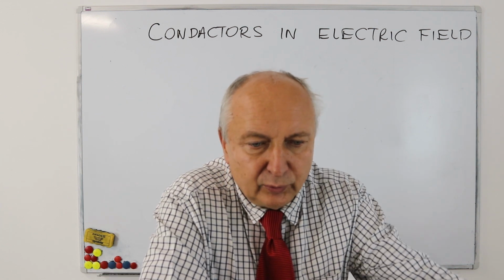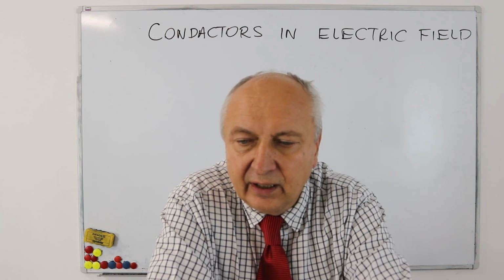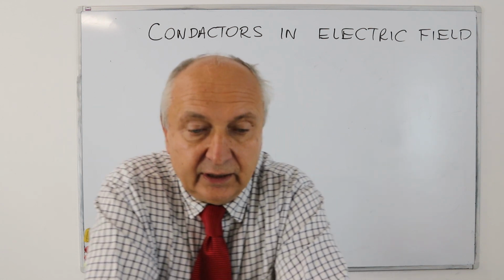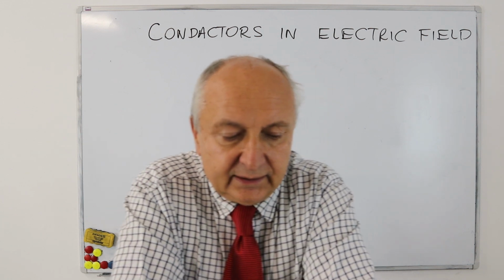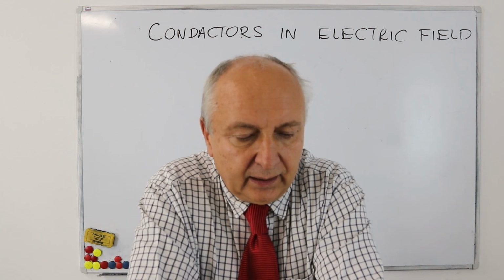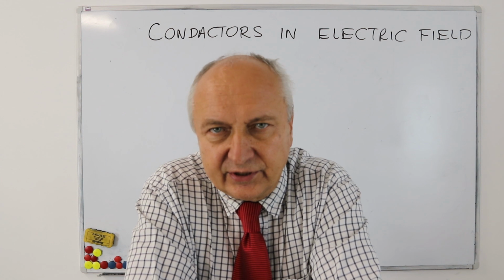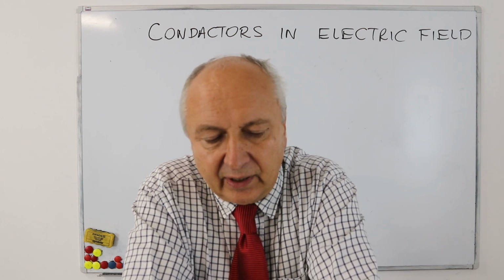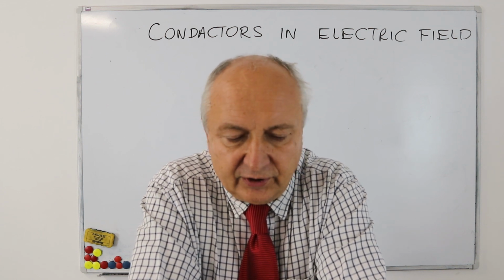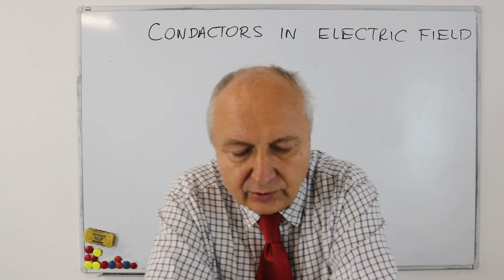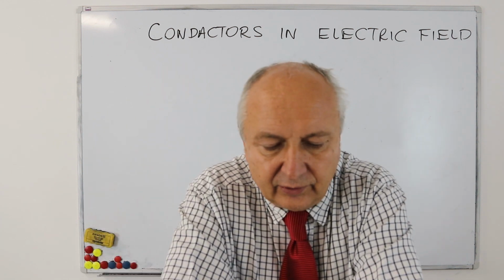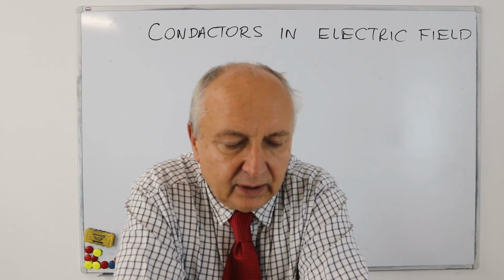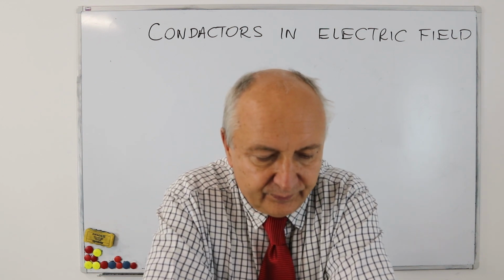So charges can move freely in this material, and additionally it contains free charges. For example, electrons, positively charged holes, positive or negative ions. All this we can call a conductor.